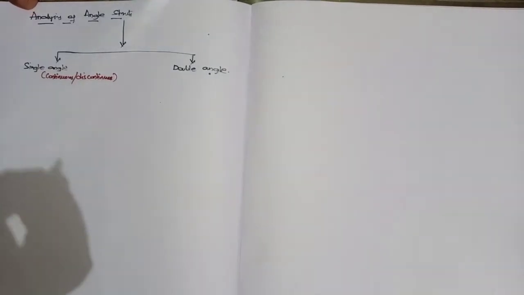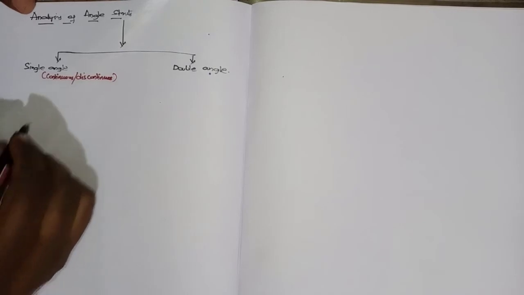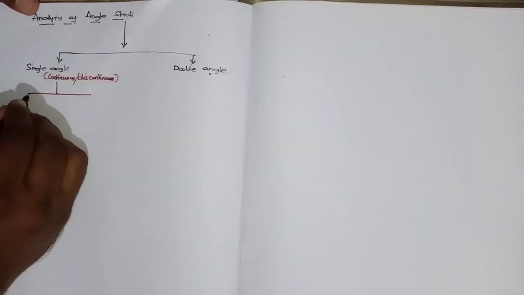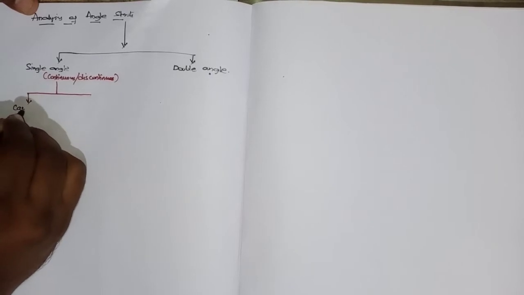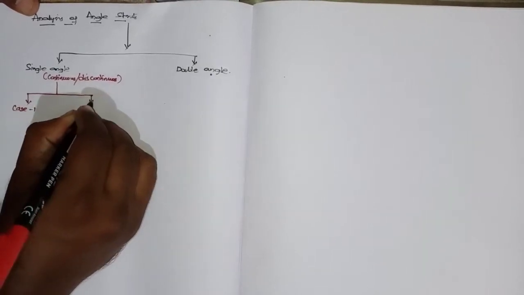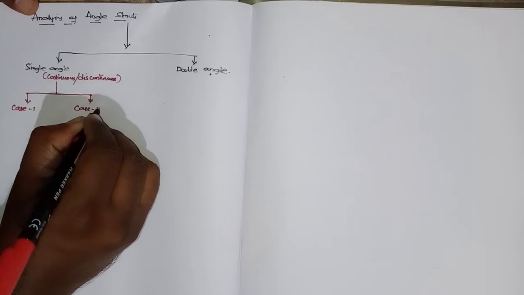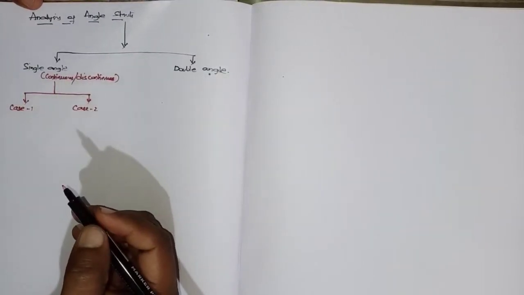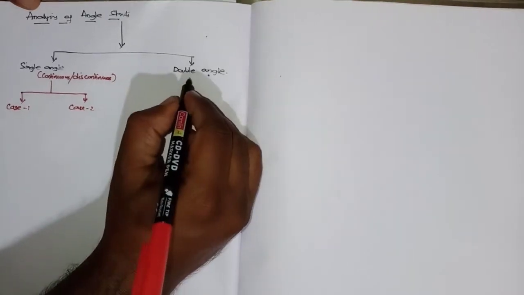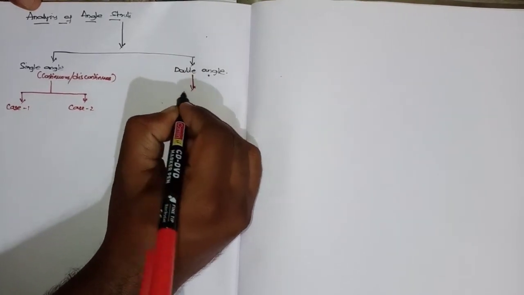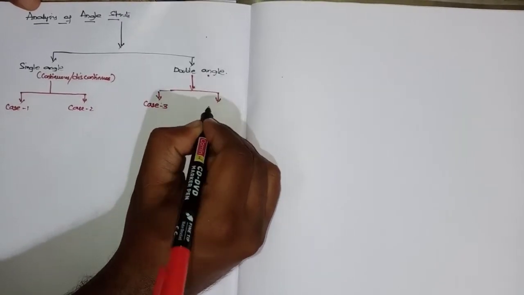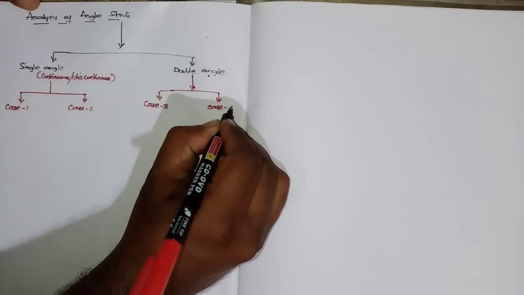Okay, continuous or discontinuous. In that you will be having case 1, case 2. Based upon the loading criteria we will be deciding case 1 and case 2, and here case 3.